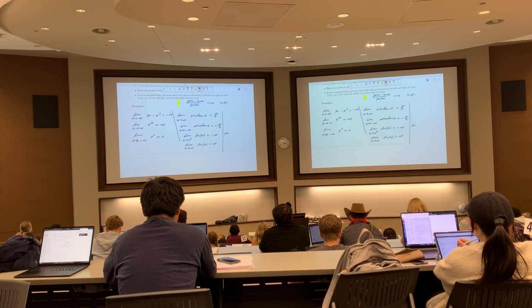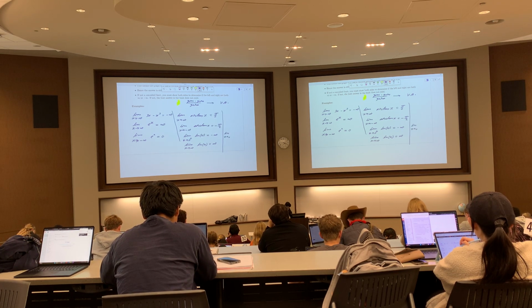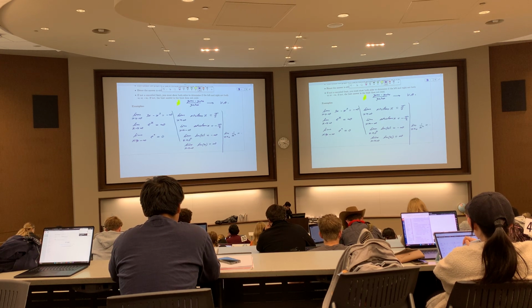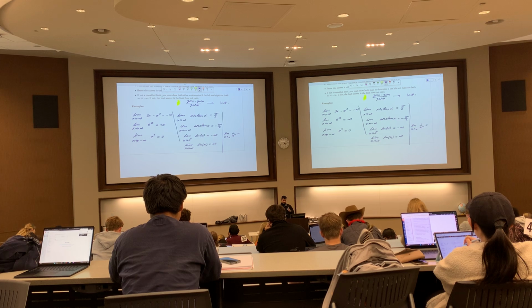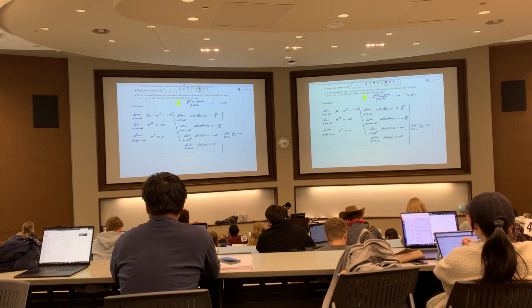And let's take another one. As x approaches 0, the function 1 over x squared has a vertical asymptote because it's non-zero over 0. So we're going to get positive infinity.